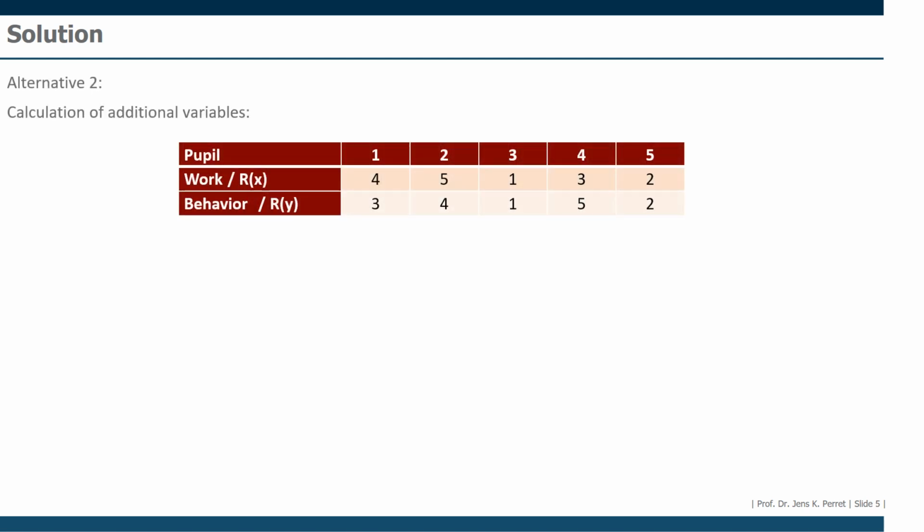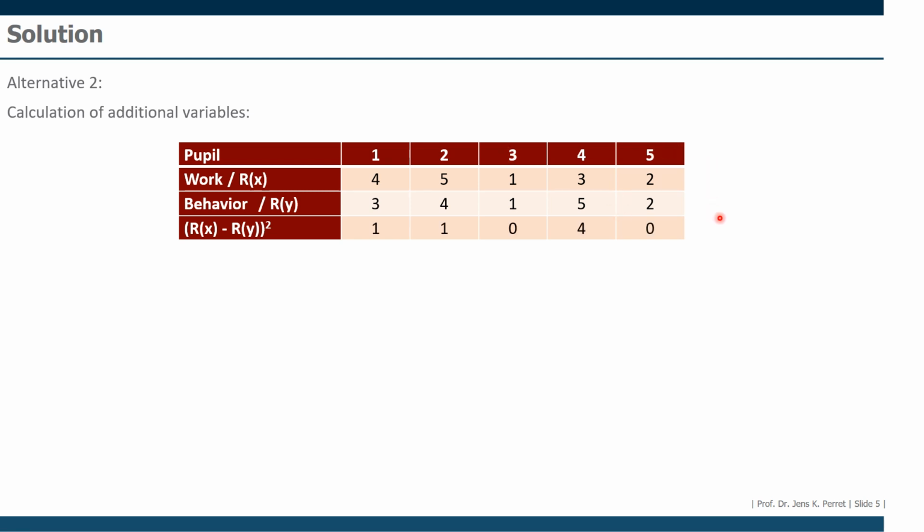We're using the same table, but we're going to add only one additional row. And that's where we go with the difference between those two, and that's exactly the squared difference. So it's 4 minus 3 squared, 5 minus 1 squared, 1 minus 1 squared, 3 minus 5 squared, and 2 minus 2 squared, giving us these results.